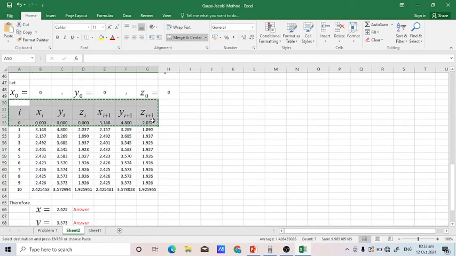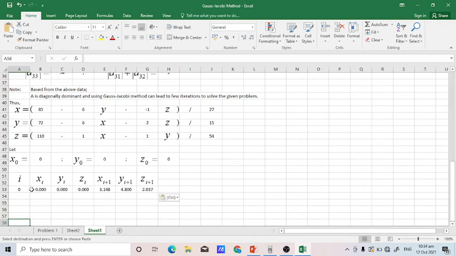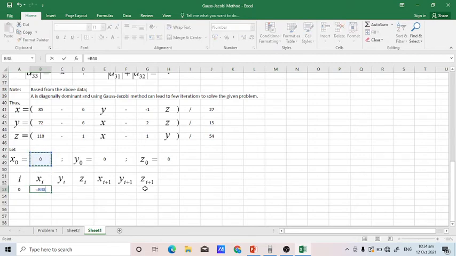Gawin mo na yung table na to. Ayan. So, halimbawa, hindi mo alam yan. Delete muna natin. So, start with 0. Diba? I starts with 0. Then, ito ay equal dito sa x sub 0.